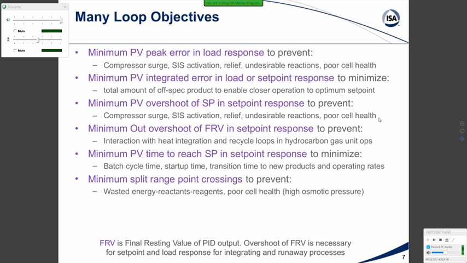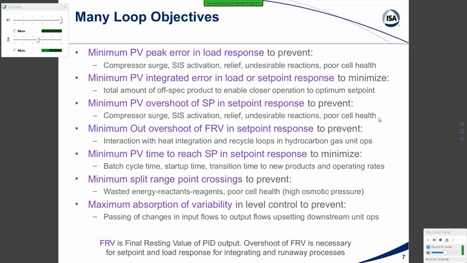It causes poor control, oscillations, and also wasted energy, reactants, and reagents. In the case of mammalian cell cultures particularly, it causes poor cell health due to salt buildup from sodium bicarbonate being added when it really isn't needed, and leads to high osmotic pressure where the cells actually burst.